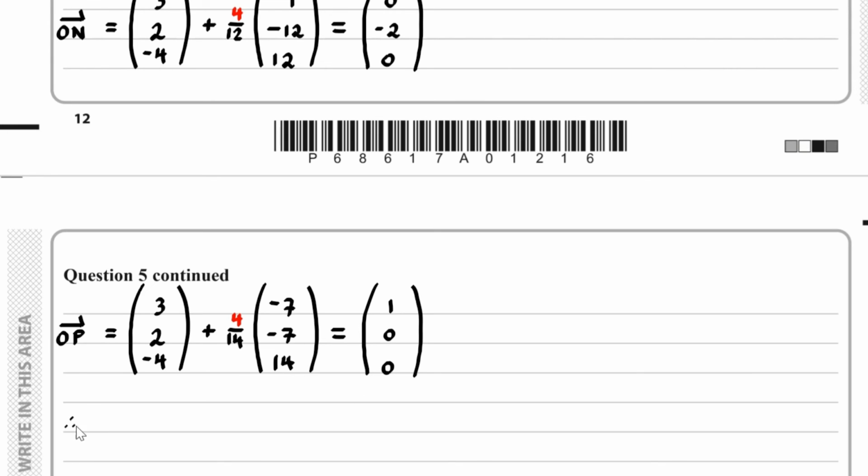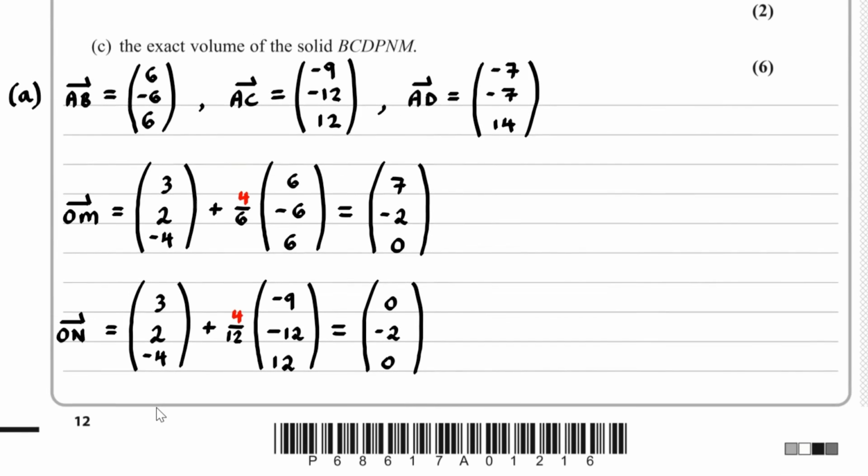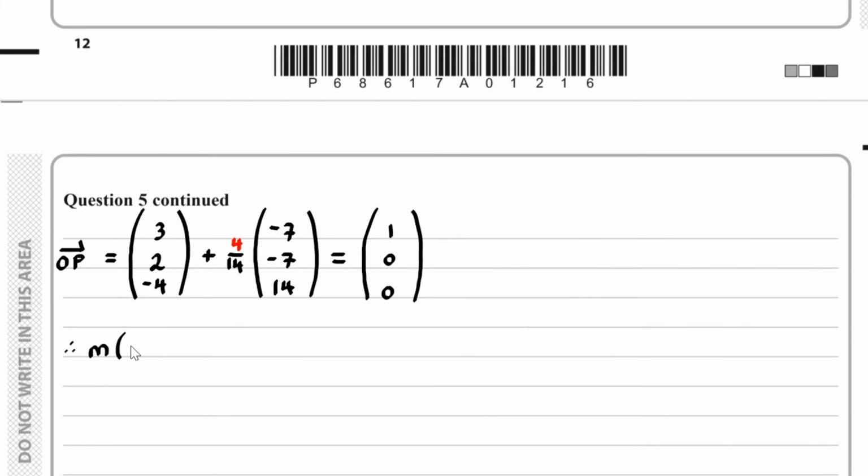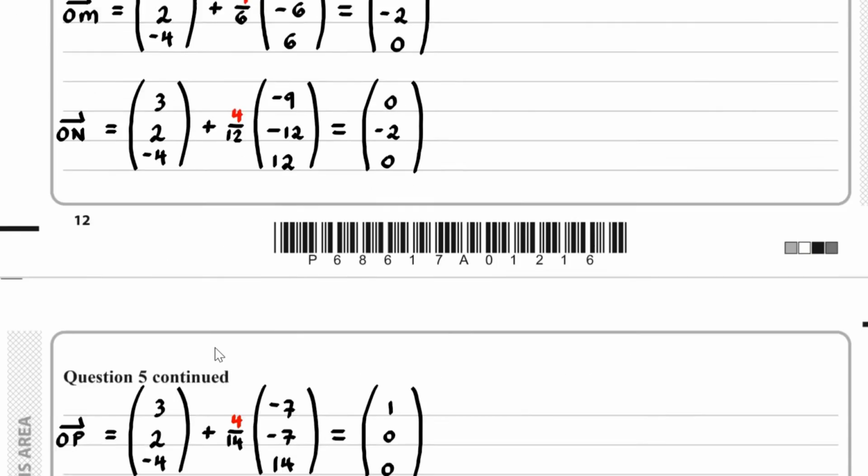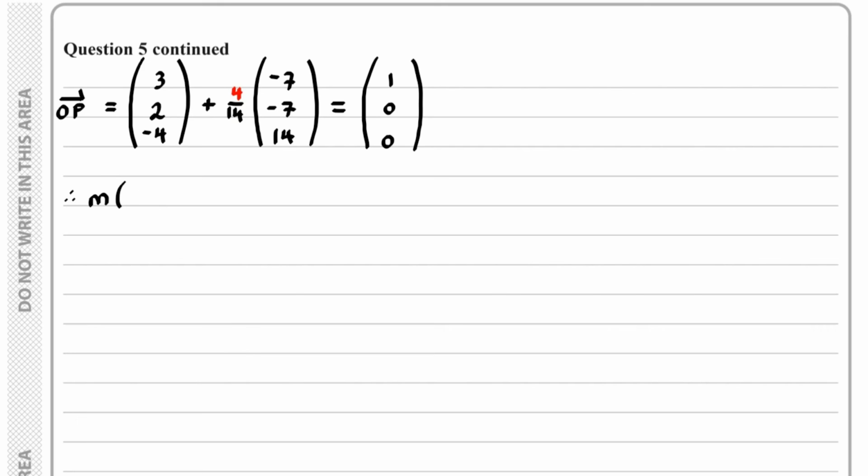So therefore the coordinates of M, we've got a coordinate of 7, -6, 0.